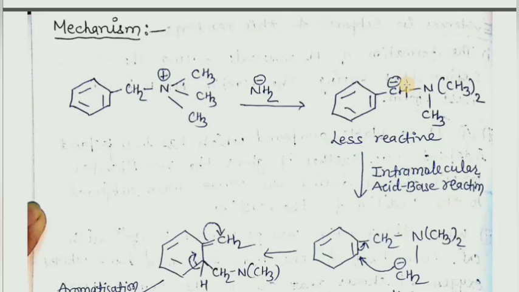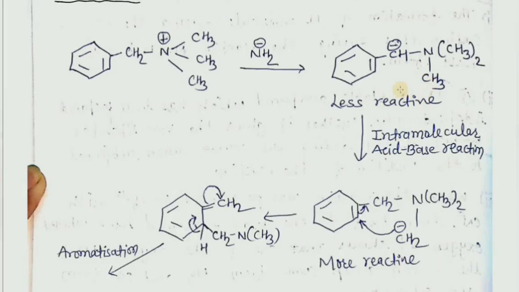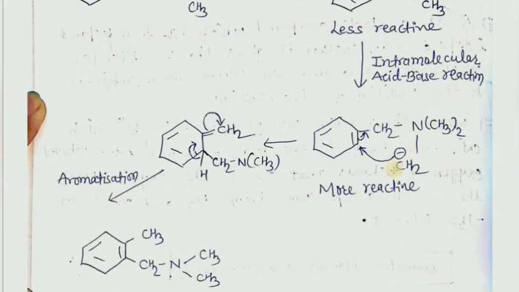This particular intermediate is less reactive, so an intramolecular acid-base reaction takes place. One hydrogen is shifted from one of these methyl groups to this carbanion, and this methyl group gets converted into a negatively charged species.